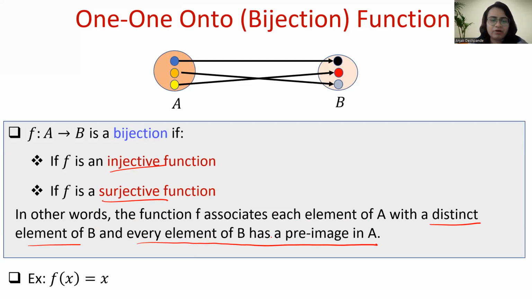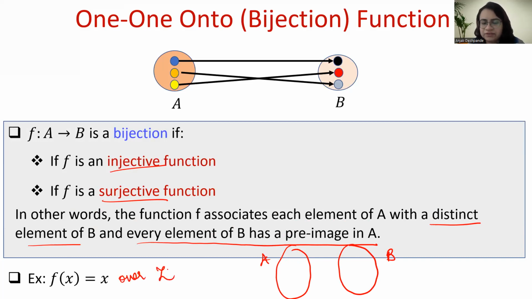So an example is f of x equal to x. That means every element in the domain is mapped to itself in the codomain. I can take it over the set of integers. So here 1, 2, -5, -8 will be mapped to themselves. So 1 will be mapped to 1, 2 will be mapped to 2, -5 will be mapped to -5, -8 will be mapped to -8.